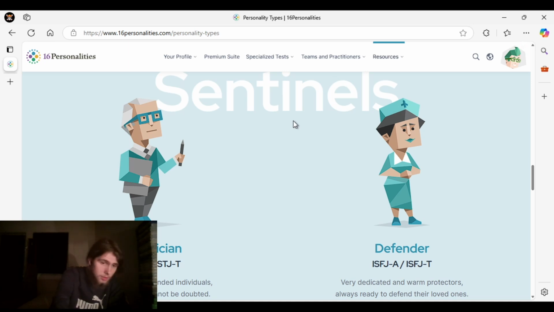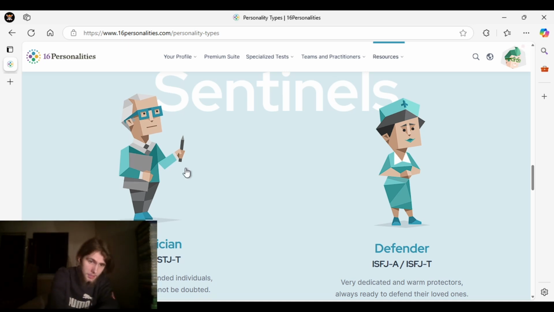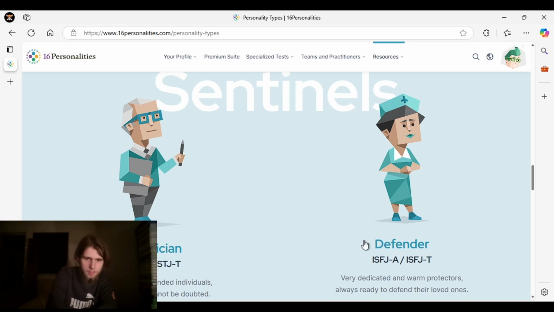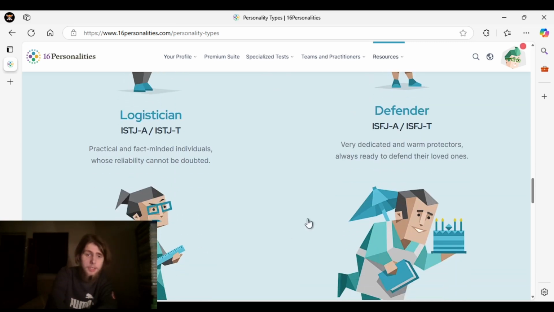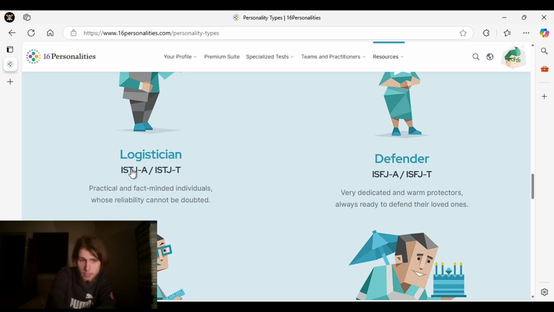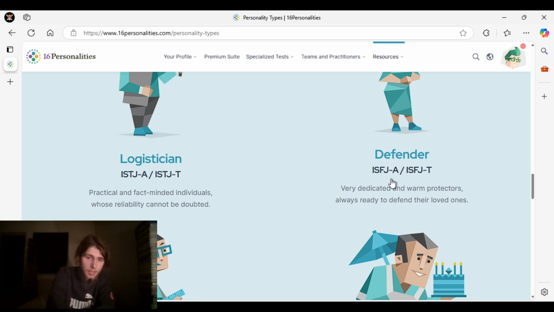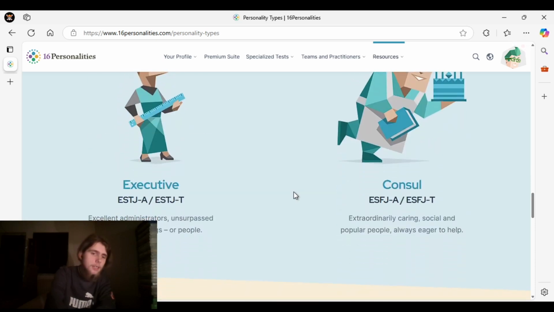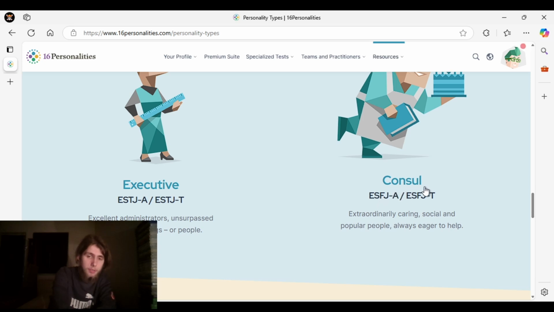This derives from logisticians, defenders: logisticians is ISTJ, defenders is ISFJ, executive is ESTJ, and consul is ESFJ.